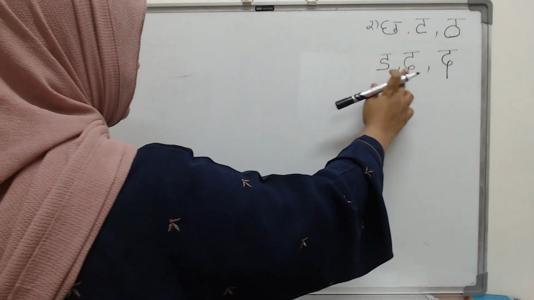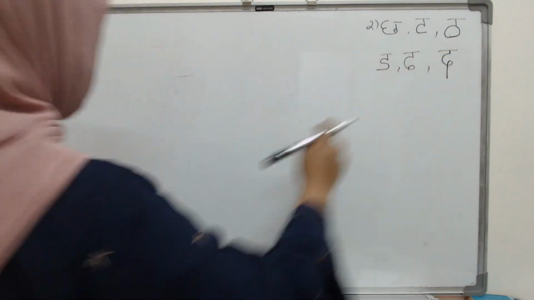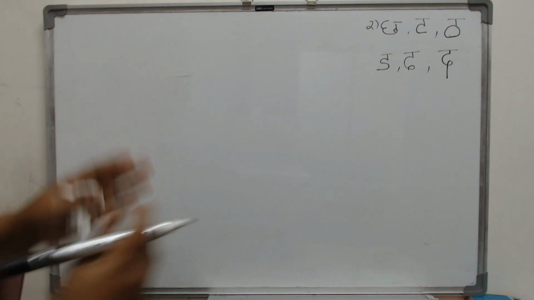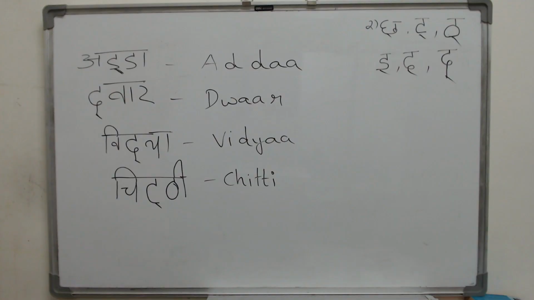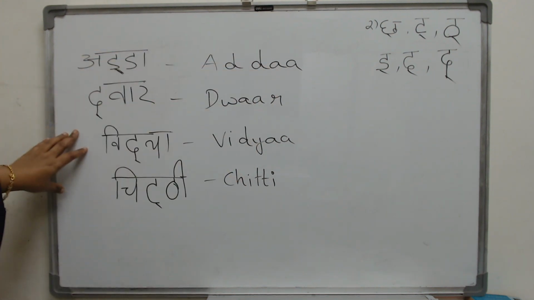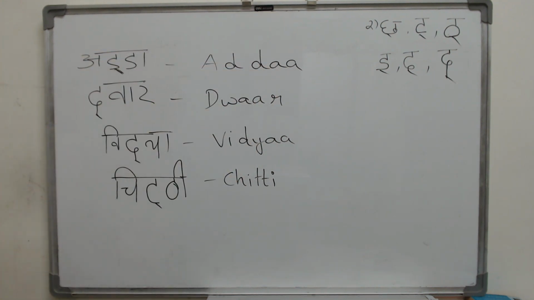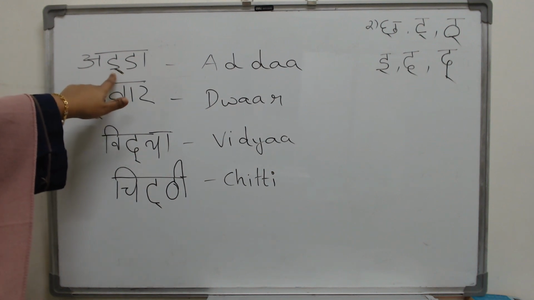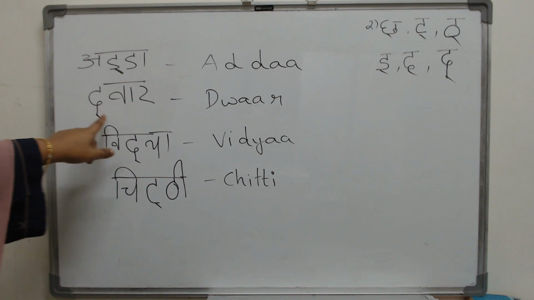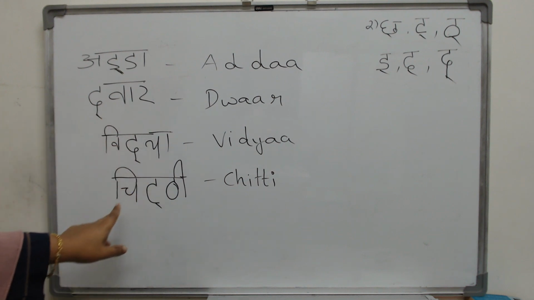This is da, dha, and this is da, darwaza. So the problem with these letters is you cannot break them into half. Even if these alphabets come in the middle of words, you cannot break them into half. You just have to write them with this halant together. So this is adda, dwar, with ya, chitthi.